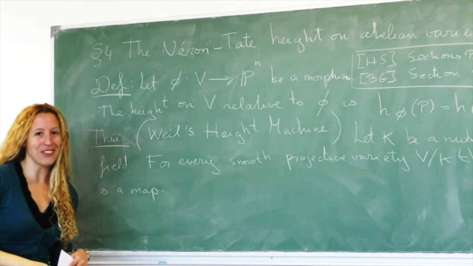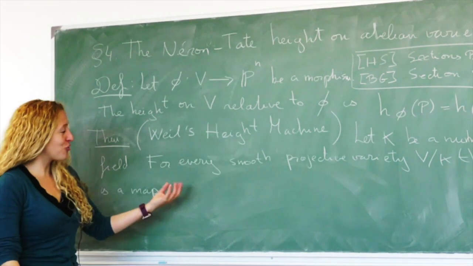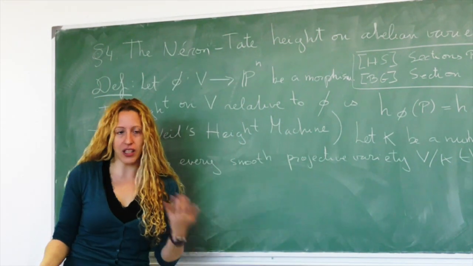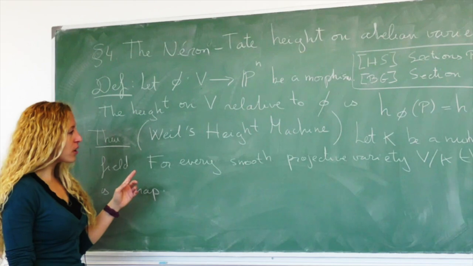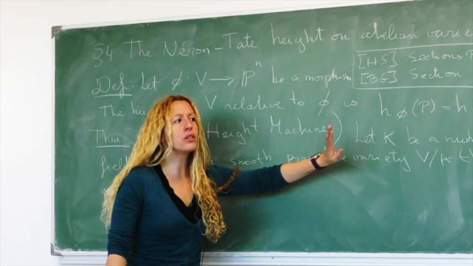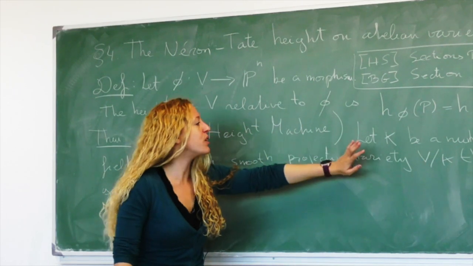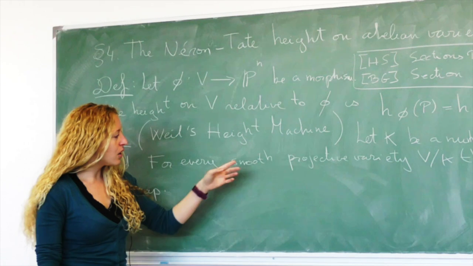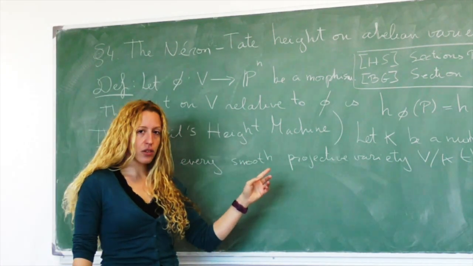Before writing down the map, which is going to be the height machine, how to produce all these heights associated to the variety, let me say something. I said that K is a number field, but it could be more general. And for the variety, I'm asking V to be smooth projective.